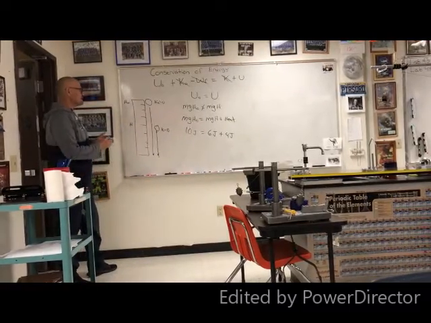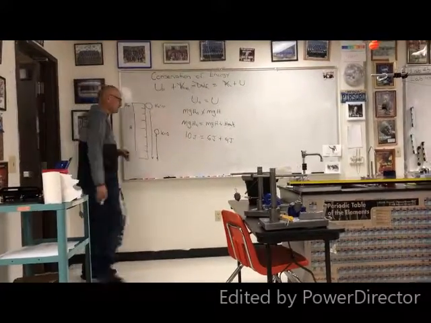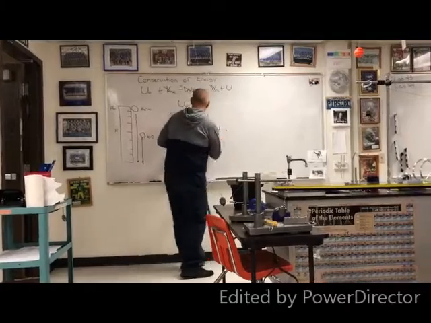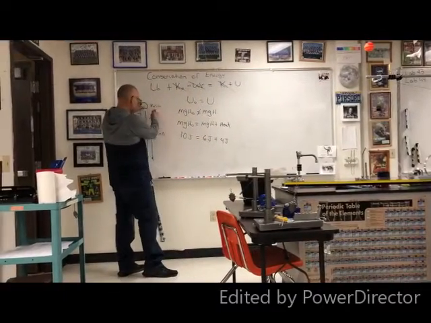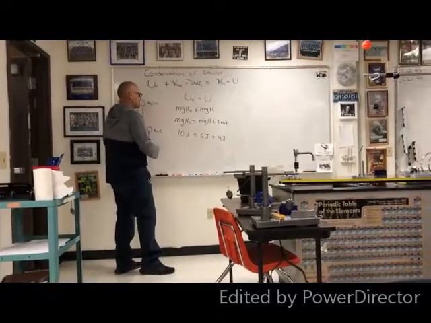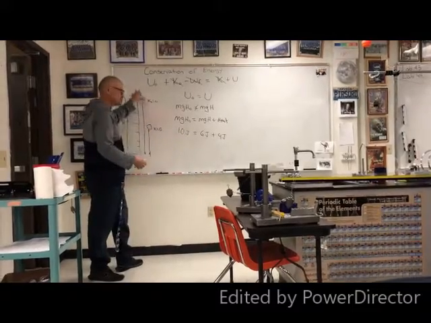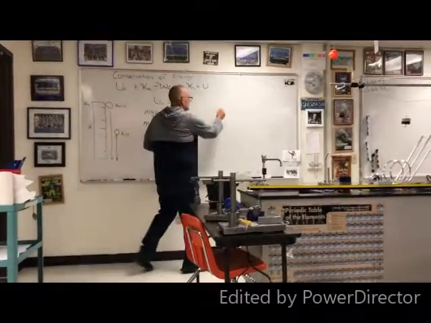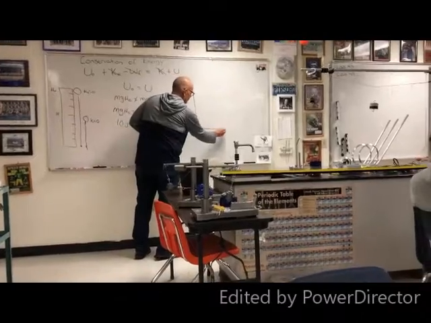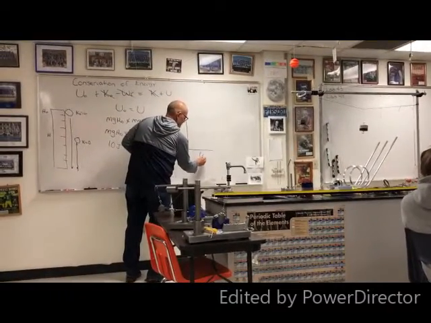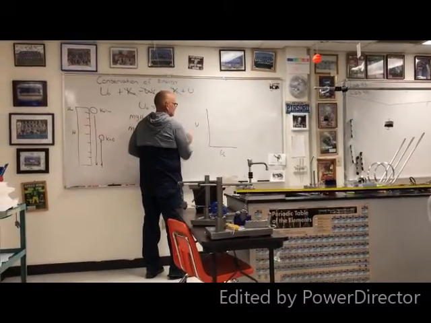So for this lab, in the simulation you're going to be dropping the ball from different heights, and they have a virtual iPhone that measures this. Ultimately, you're going to record the starting potential energy and the final potential energy.